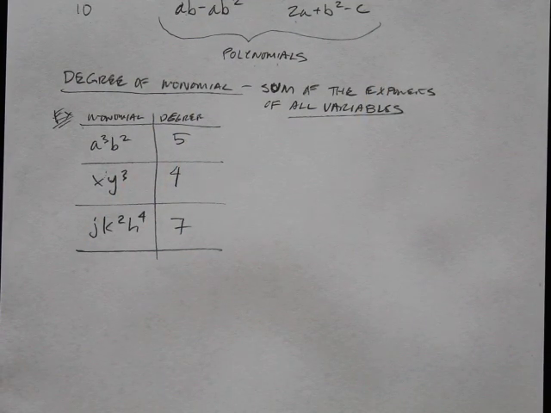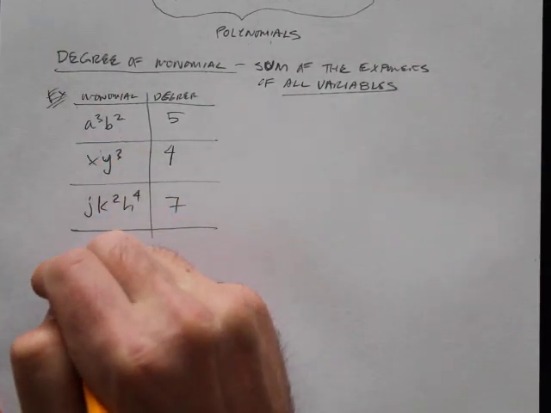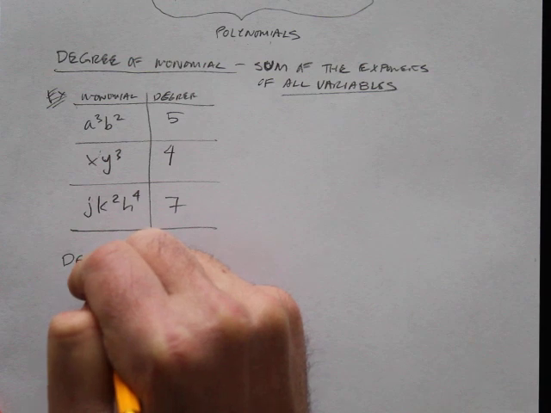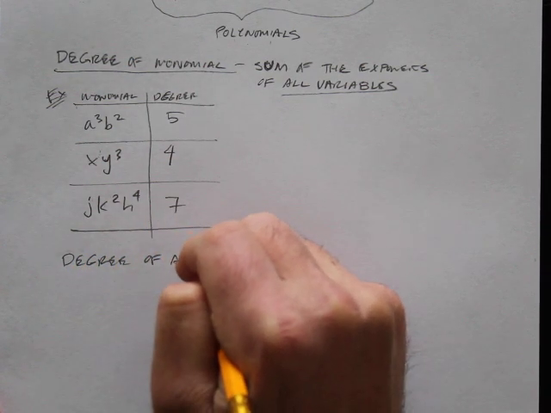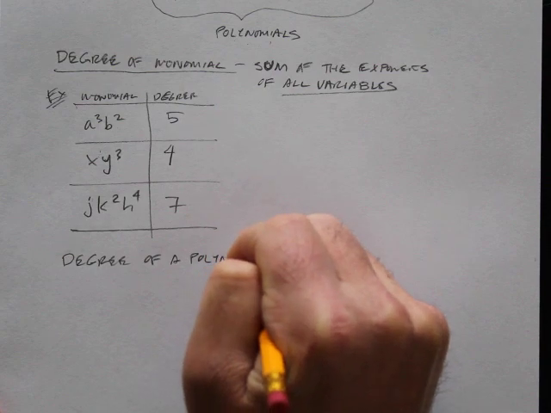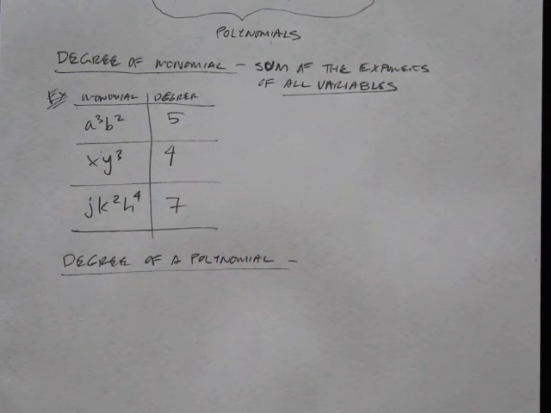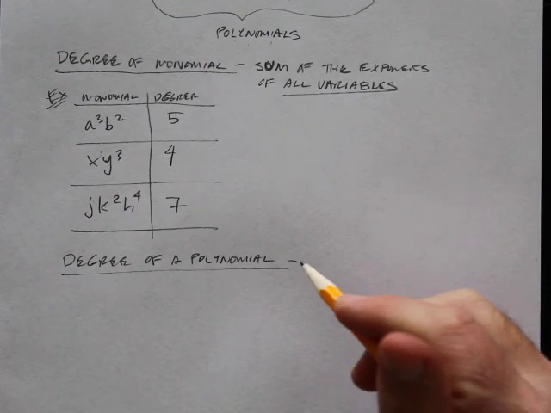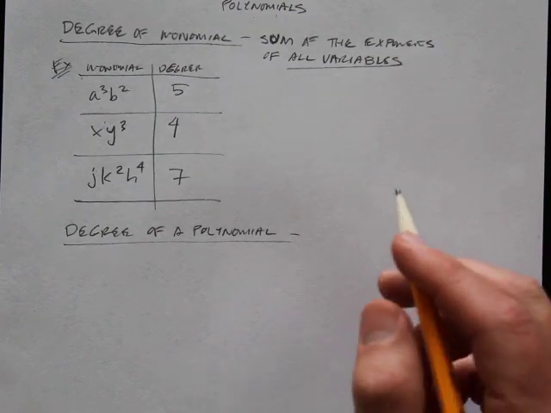Now let's do the degree of the polynomial. Degree of a polynomial, similar to the monomial, but then you just have to decide which term or which monomial is the biggest, the greatest.